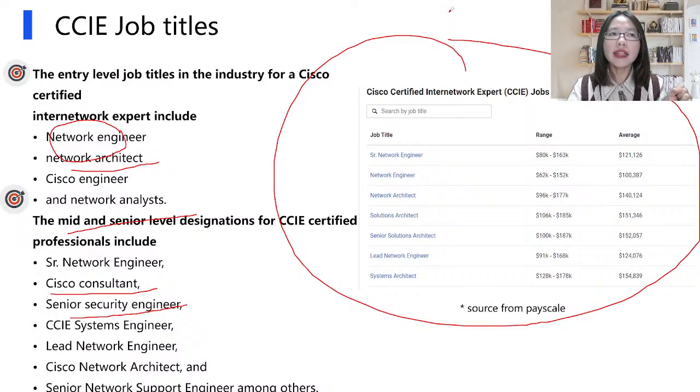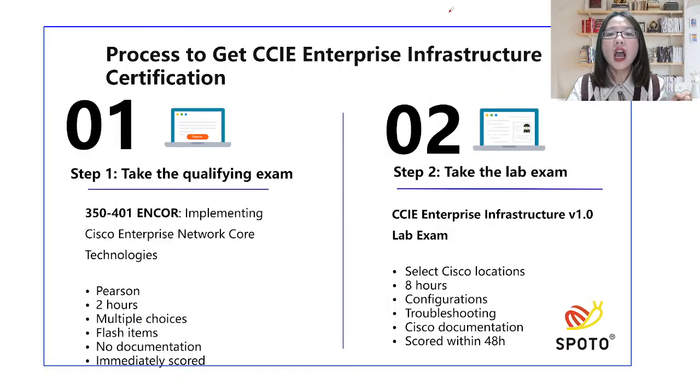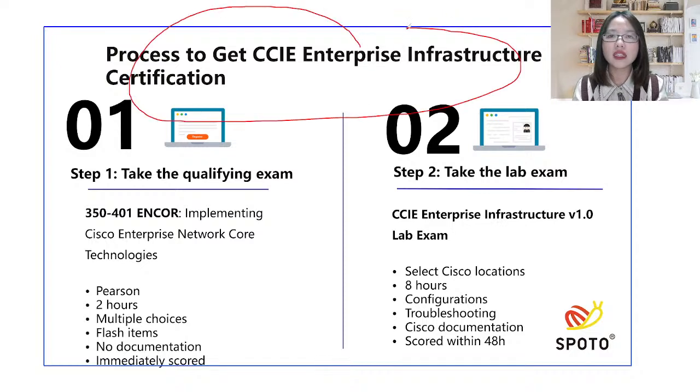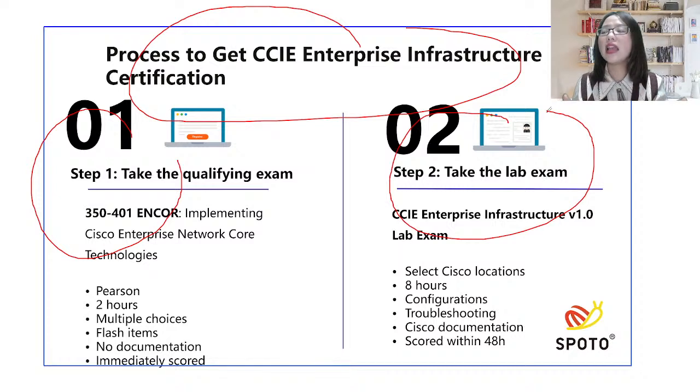So now let's go to the next part. How to obtain the CCIE certification? You need to pass one core exam and one practical lab exam. Let's move to the CCIE EI exam overview first. To get CCIE Enterprise Infrastructure certified, you have to pass two exams.